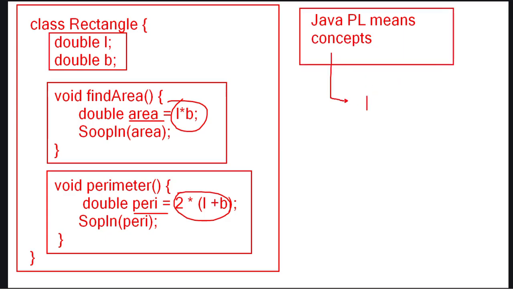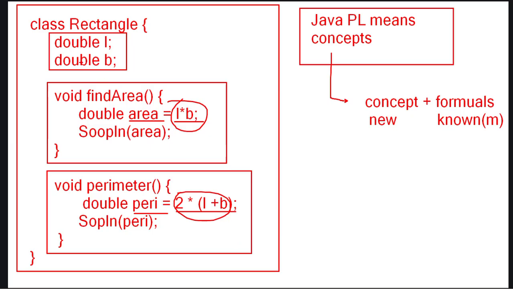Why? To write a program, you require concept plus formulas. Formulas are already known, where? In maths. L into B is not Java, it is maths, already known. 2 into L plus B is not Java, it is maths. PTR by 100 is not Java, it is maths.